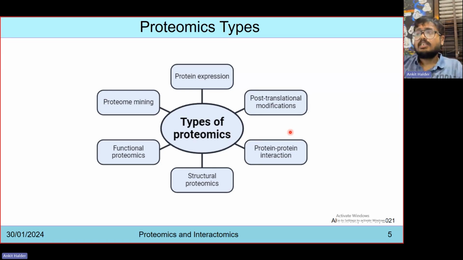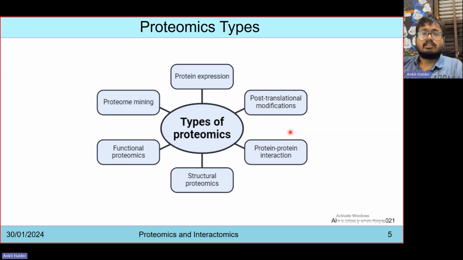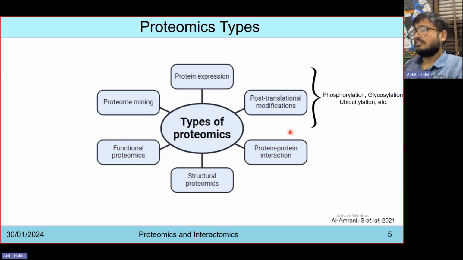So studying PTMs gives us a huge understanding of what is happening at the cellular level, and gives us mechanistic insights into the cellular machineries and how things are moving.